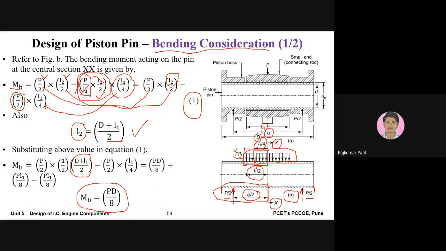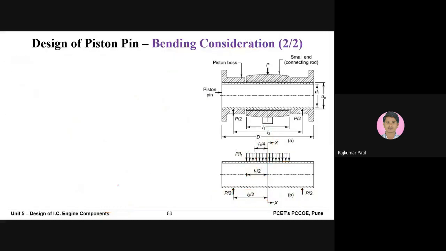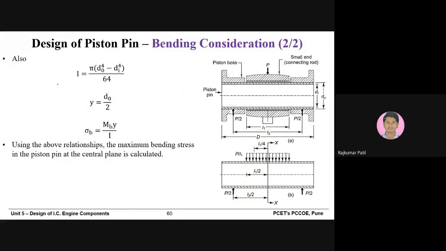So this is the bending moment due to the forces acting on the piston pin. If you know this bending moment and the value of force P, then you can calculate the diameter, or from any two known values you can calculate the third unknown. Similarly, for bending moment, there is another equation with moment of inertia, Y and sigma B, and from the previous equation you can calculate the maximum bending stress in the piston pin at the central plane, that is at XX.